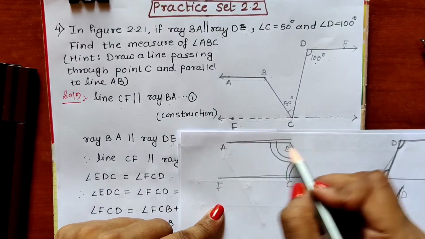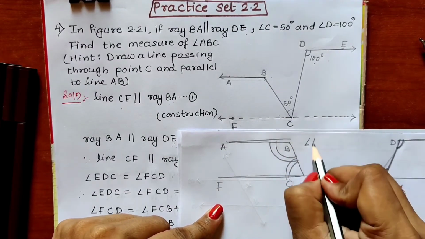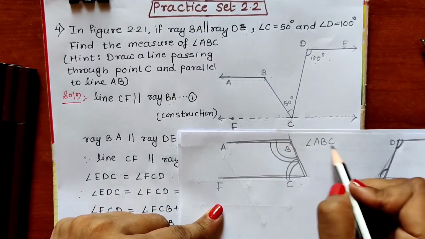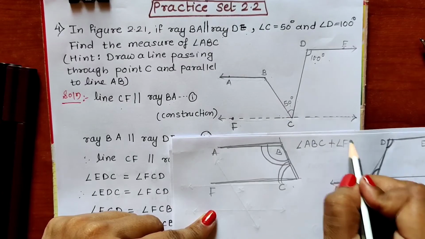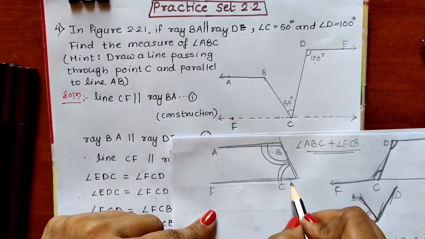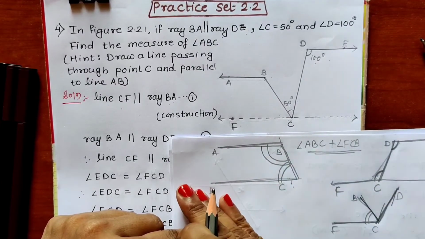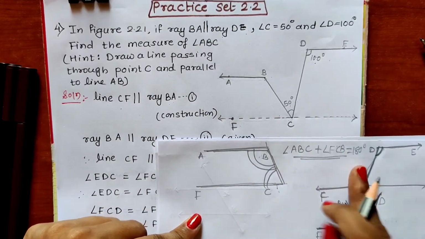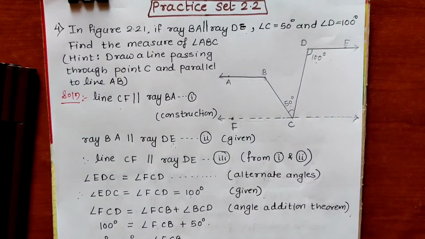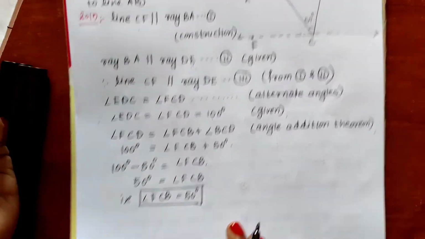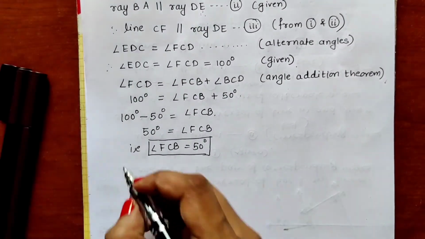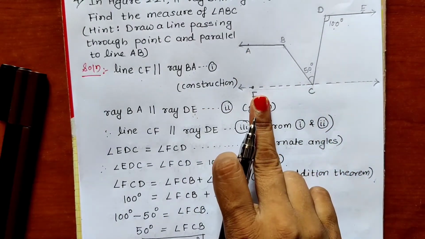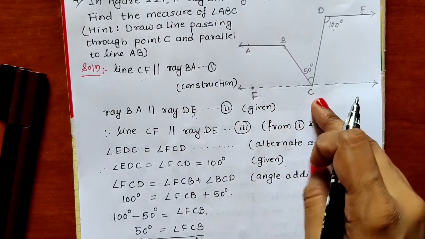Which are these two interior angles? Angle ABC, we will be using three letters, angle ABC and angle FCB. These two angles are interior angles on the same side of the transversal, so they will be supplementary. That means their total is 180 degree. So let us write: ray BA is parallel to line CF, and BC is the transversal.